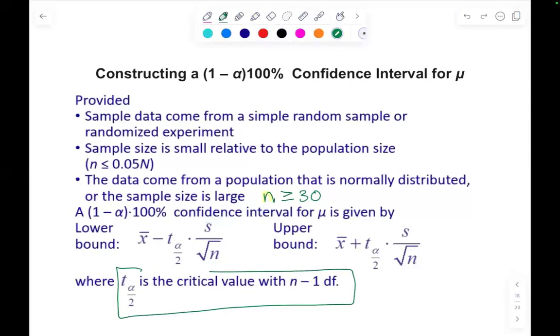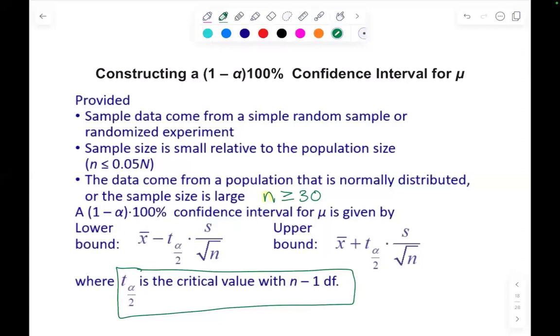When you are finding your t value, use n minus 1 degrees of freedom. This means take your sample size, subtract 1, and use that for your degrees of freedom. And you are using the alpha divided by 2. So if I was doing a 95% confidence interval, I would use 0.025 to look at my t table.